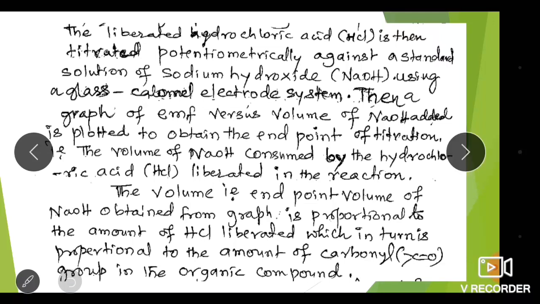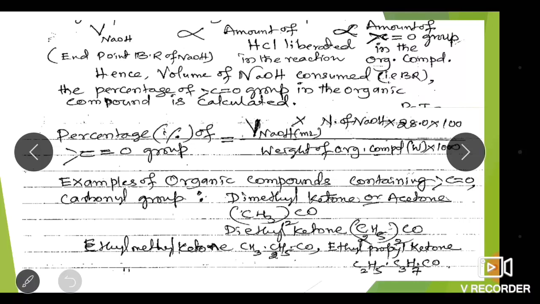So in this way, by means of potentiometry, the end point for the neutralization of hydrochloric acid by NaOH, that is the burette reading, is directly proportional to the amount of HCl liberated in the reaction, which in turn is directly proportional to the amount of carbonyl group present in the organic compound.